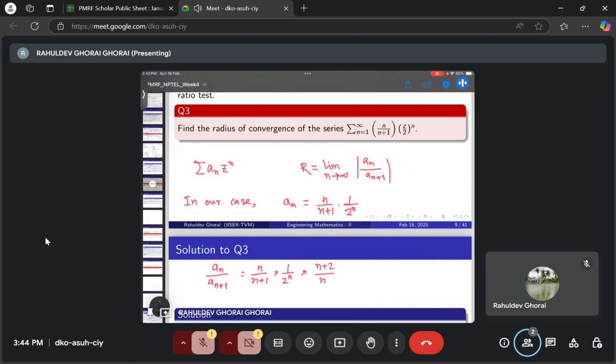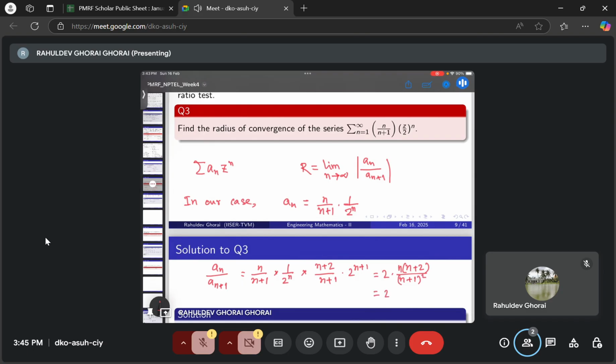Or is it n over n plus 1? Then it will be n plus 2, yes, times 2 to the power n plus 1, right? So that gives nothing but 2 times n plus 2 times n over n plus 1 whole square.